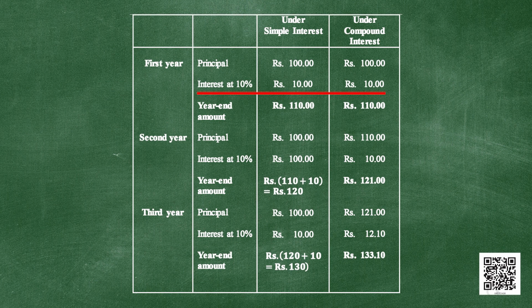So at the end of the first year, under simple interest the amount will be rupees 110, which is the same under compound interest. For the second year, the principal amount will not change under simple interest, but under compound interest it is rupees 110, for which 10% will be rupees 11, and hence at the end of the second year the amount under compound interest will be rupees 121 and under simple interest it will be rupees 120, that is rupees 10 added to rupees 110.